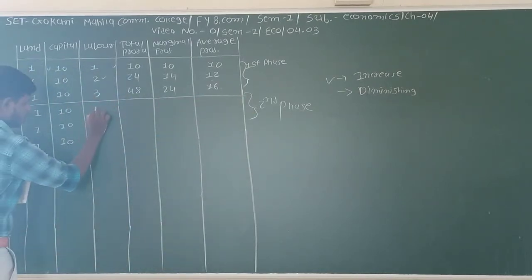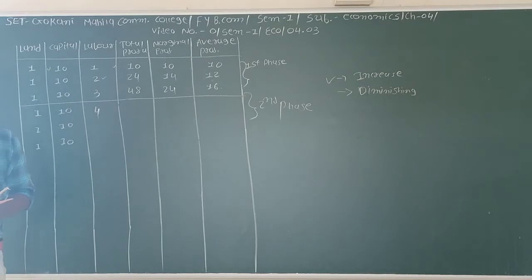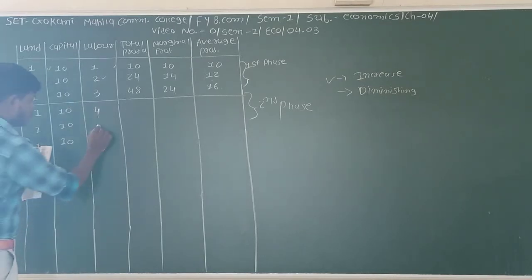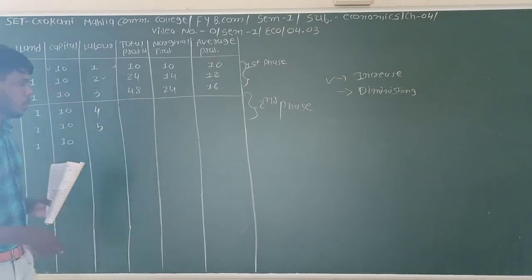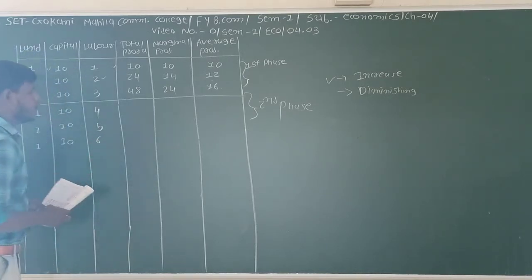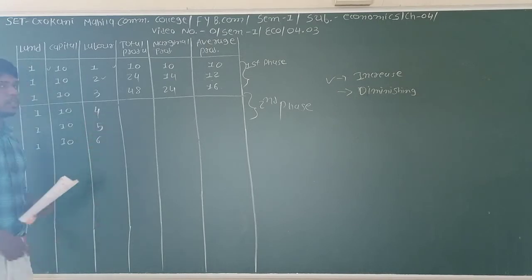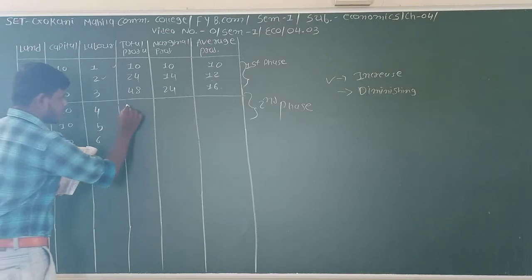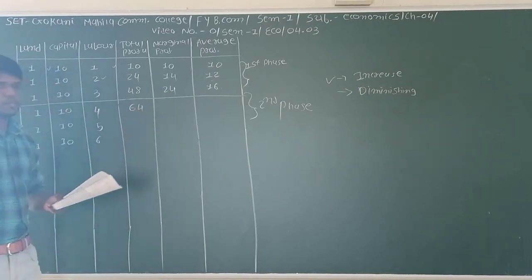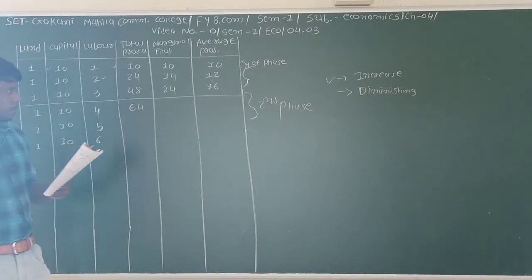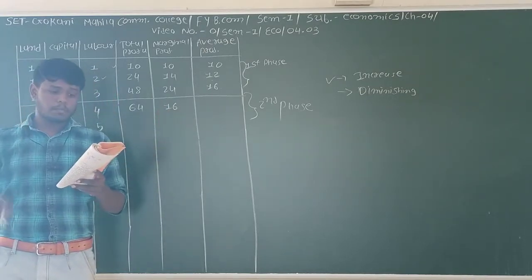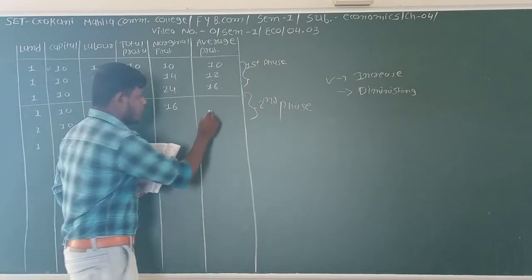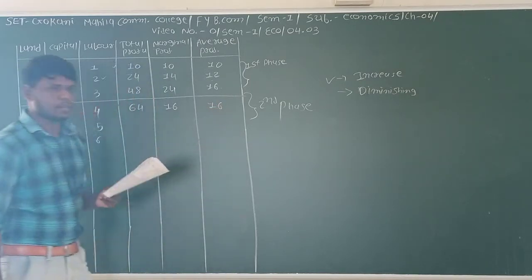If you employ the fourth unit of the labor, if you employ more, it means the fifth unit of the labor, and again if you employ the sixth unit of the labor, at that time on the fourth unit of the labor, when you employ it in your production system, say for example 64, your marginal production will become 60 and your average production also becomes 60.